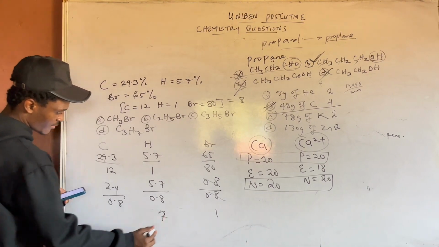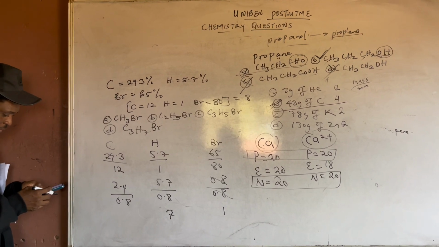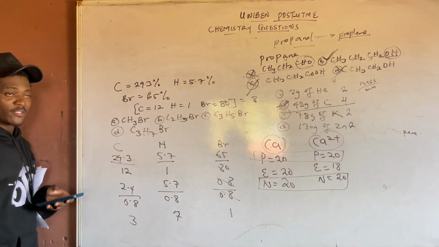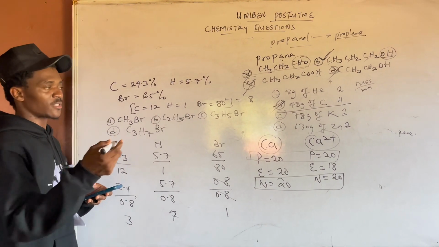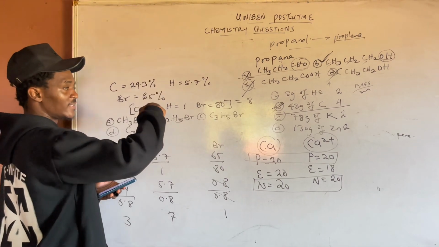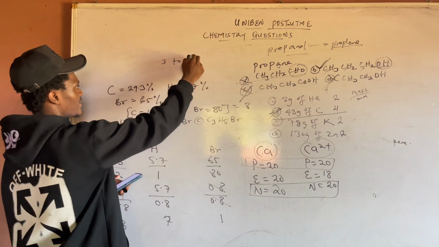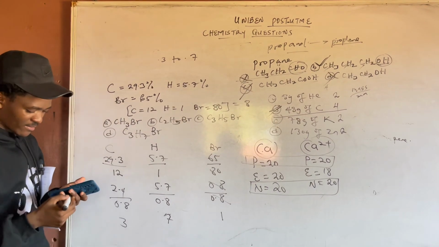Then 2.4 by 0.8, that's 3. Why I said you can approximate is because it's 0.1. The range of values that cannot be approximated in the determination of empirical formula is actually from 0.3 to 0.7. There was a time I explained that on this channel, so you can check and confirm.